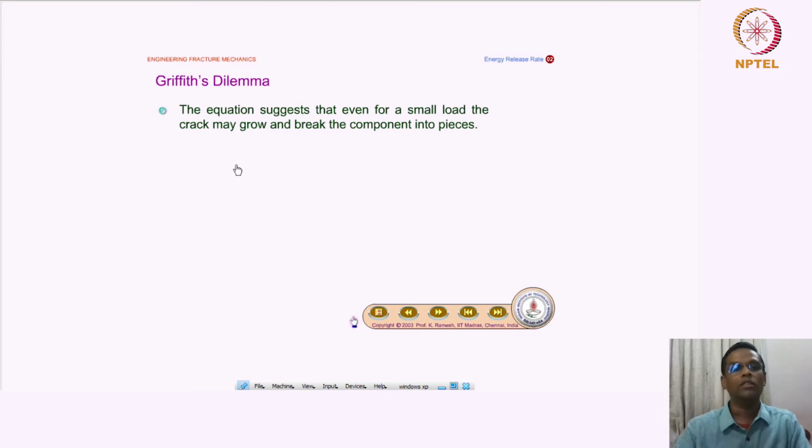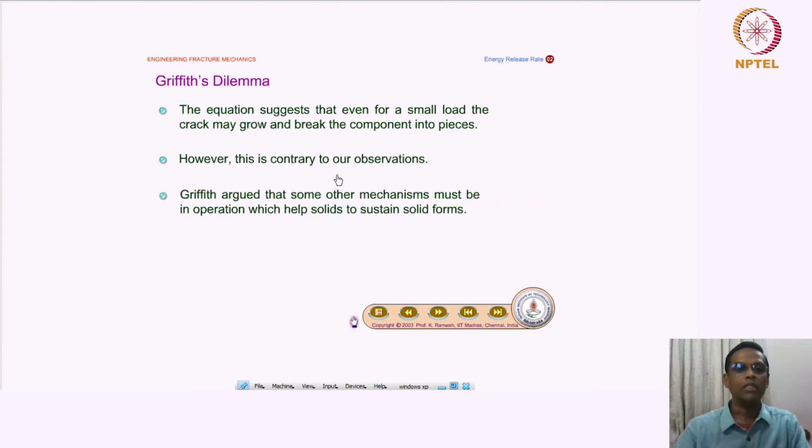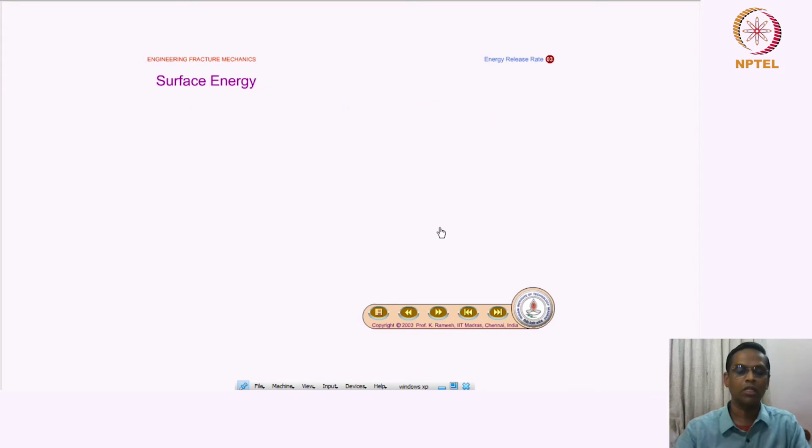The equation suggests that even for a small load, the crack may grow and break the component into pieces, and that creates a dilemma called the Griffith dilemma. However, this is contrary to our observations. Griffith argued that some other mechanisms must be in operation which help solids sustain loads. So what is that?